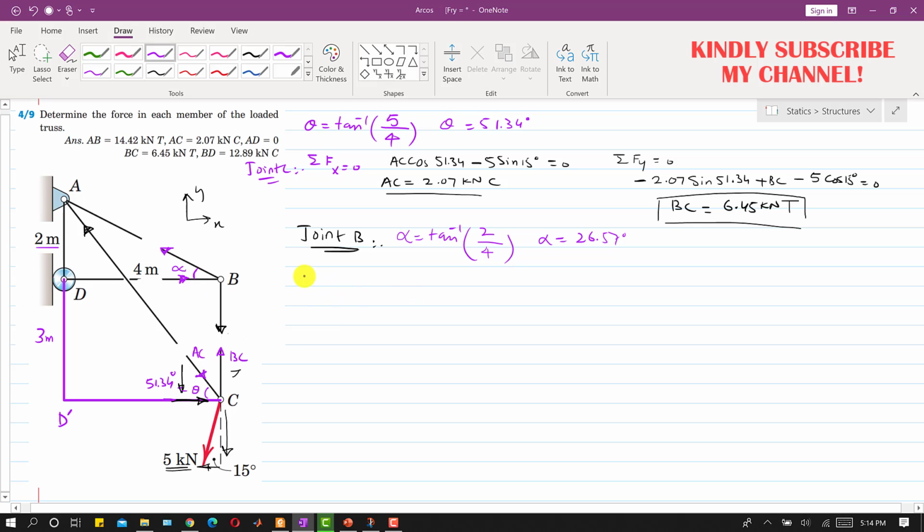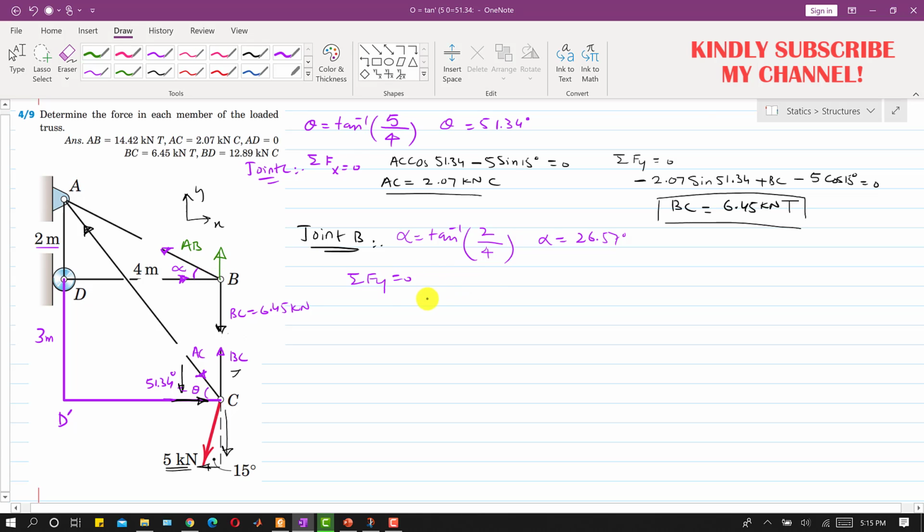And now if we apply the summation of forces along y equals to 0, since this BC force is known, which is 6.45 kilonewton, right? So at this joint B, as we can see, this AB force has one component in this direction, right? So this is the sine component.